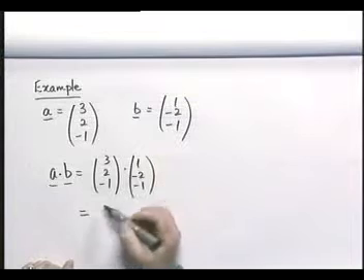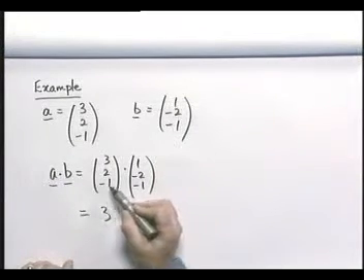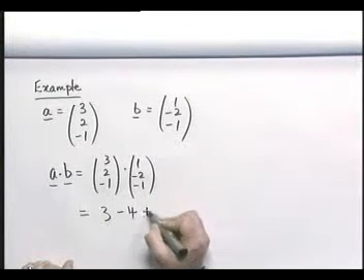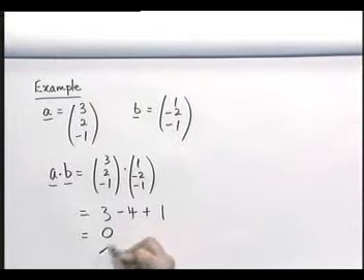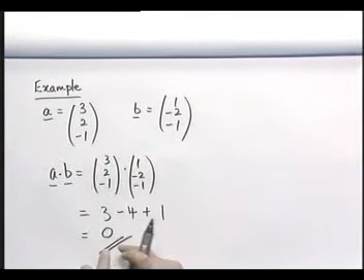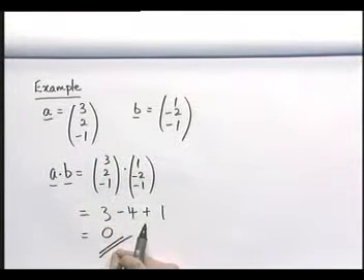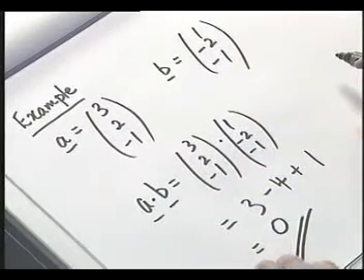And we'll get 3 ones are 3. 2 times minus 2 is minus 4. And minus 1 times minus 1 is plus 1. So we've got 3 and 1, which is 4, minus 4, which is 0. So you'll see that when we work out the dot product of these two non-zero vectors, the answer that we get is 0. So we can deduce from this result that this vector A must be at right angles to this vector B. And that's something that's not obvious just from looking at it. So we've got a very useful test there to test whether two vectors are perpendicular or not.